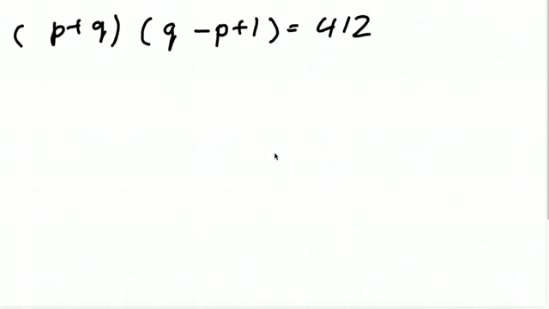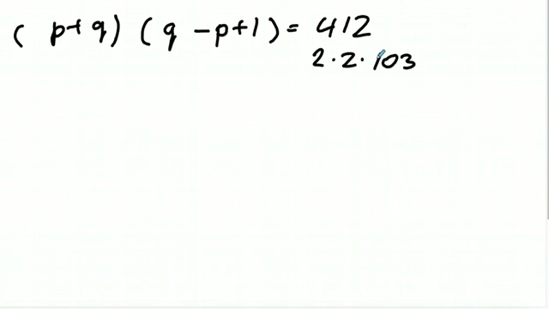Let's have a look at 412. What is the prime factorization of 412? Once we do it, we can notice that 412 is actually 2 times 2 times 103, and 103 is a prime number, so that's pretty much all we can do.